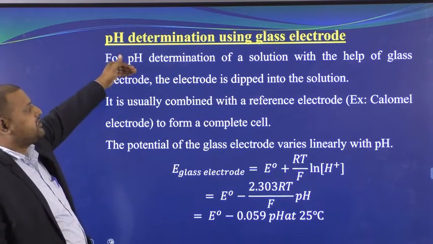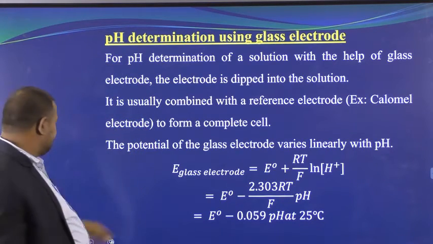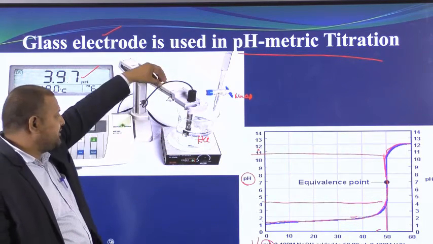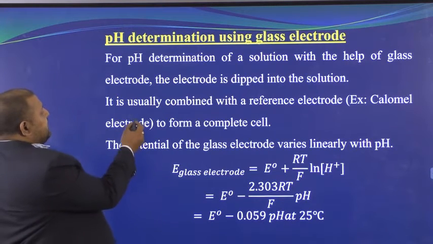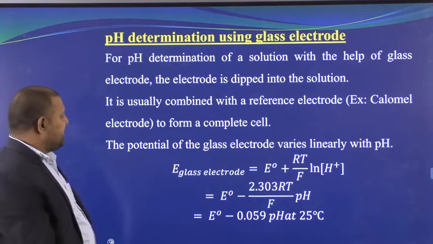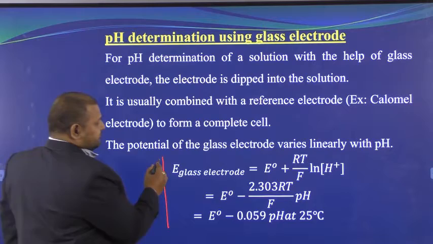For pH determination with a glass electrode, we will be dipping the electrode into the solution. Yes, it is dipped. Next, generally we use a reference electrode here, a calomel electrode, to form the complete cell, and we will be using this potential of the glass electrode.